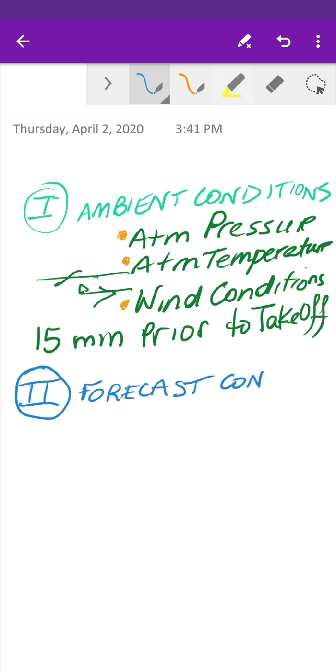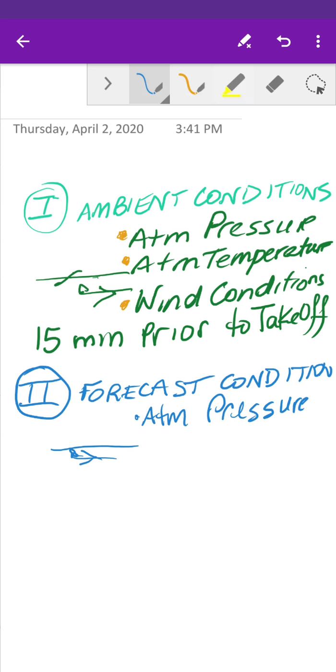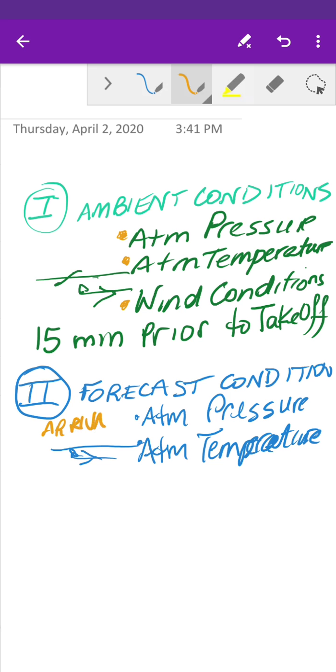Again, we're going to be talking about the weather conditions at the aerodrome, and we're talking about the forecast conditions, which is the atmospheric pressure, the atmospheric temperature, and we're more focused here on the forecast conditions of when we arrive at our destination. So our destination aerodrome.